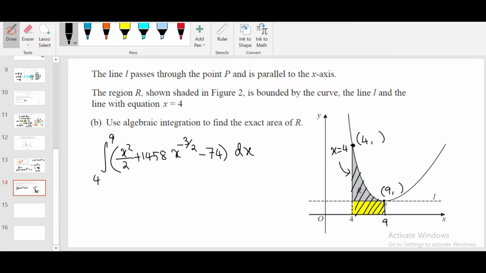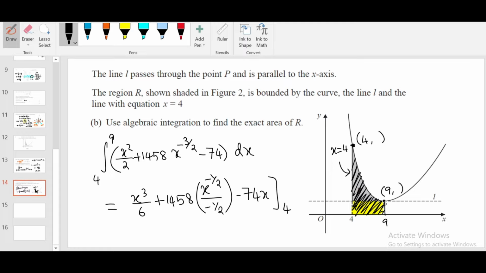What I'm trying to do is find the whole area below the curve. You need to integrate it carefully. It becomes x cubed by 3 times 2, 6, plus 1458 x power minus 3 by 2 plus 1, which is minus half, divided by minus half, minus 74x. Sub in the limits.